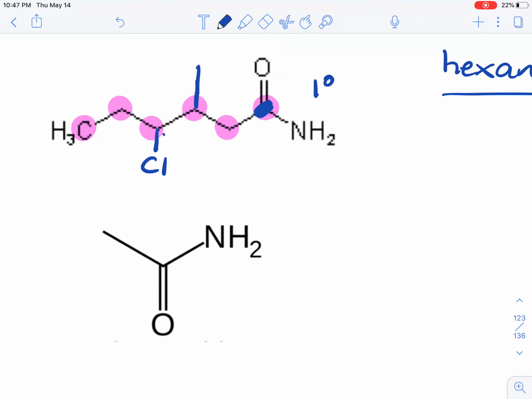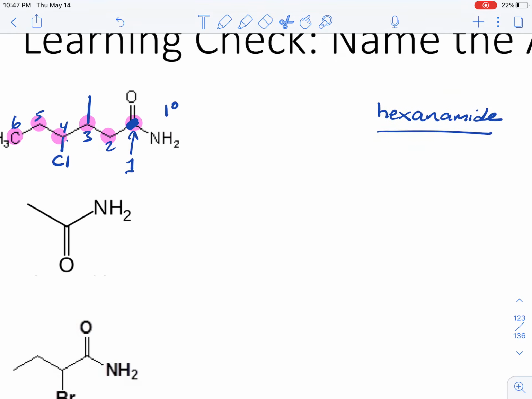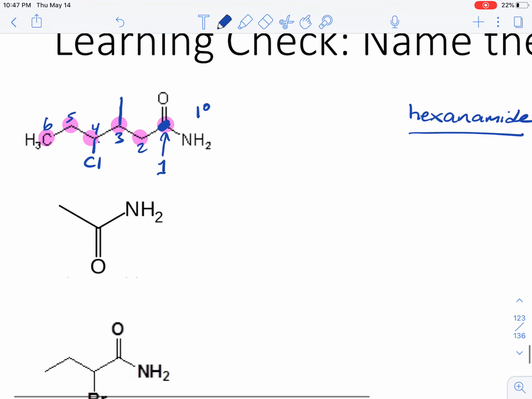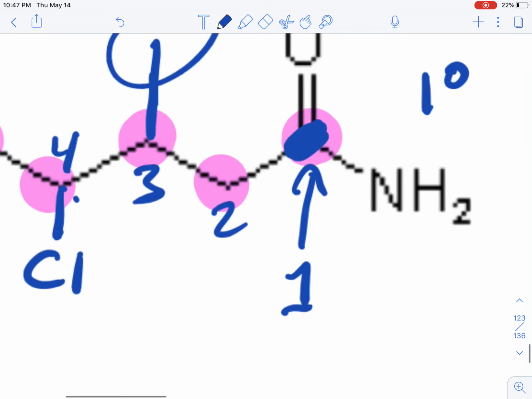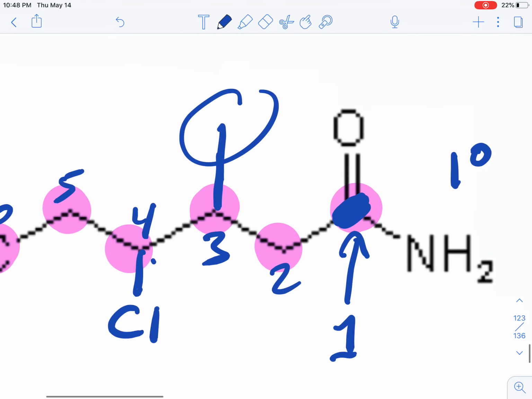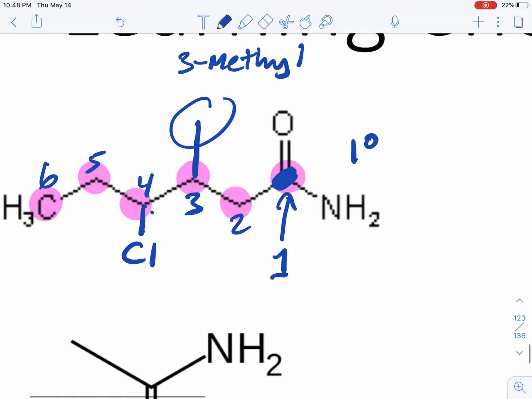So therefore, this carbon is carbon number 1. This is 2, 3, 4, 5, and 6. And so what that means is that I'm going to build upon this parent name to include my substituents. So it looks like I have a 3-methyl, and here I have a 4-chloro.